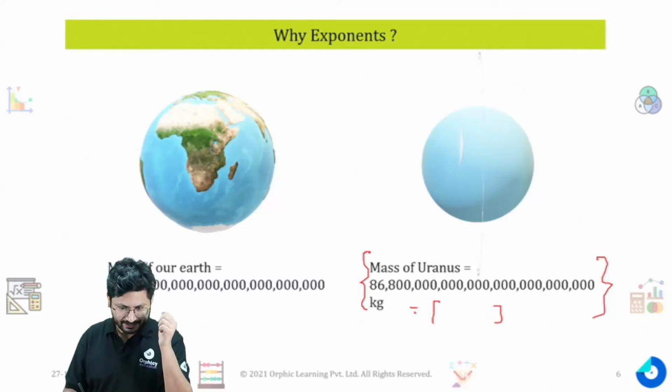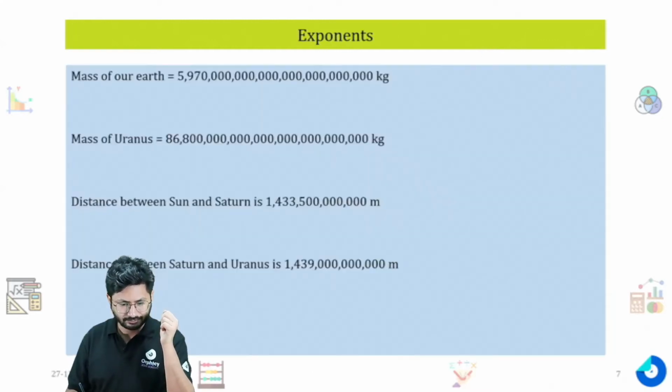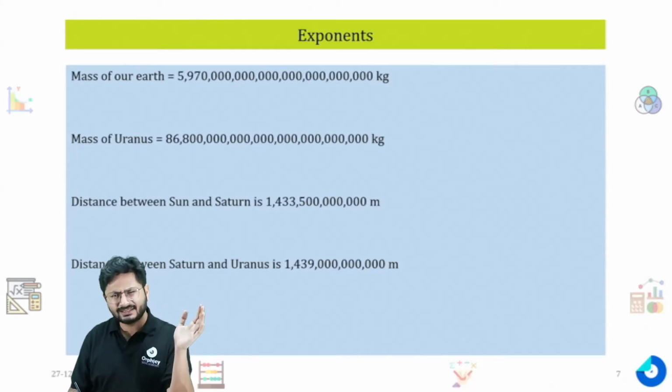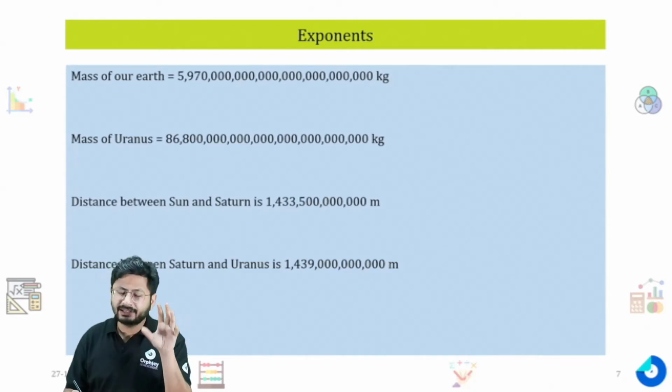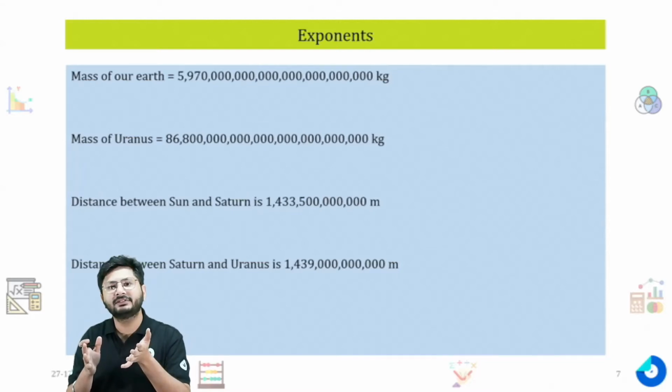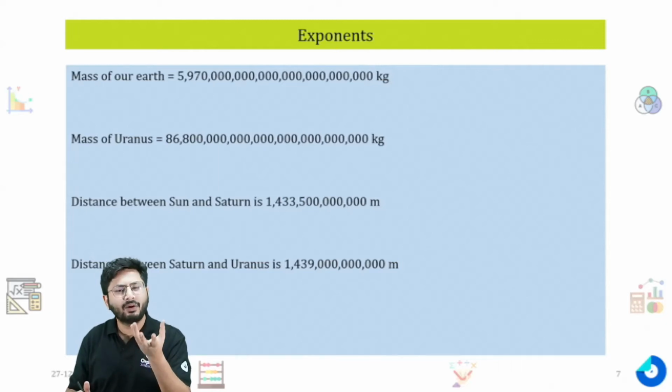Okay, so let's see. Now this mass of Earth is a quite large number, the mass of Uranus is a large number, then the distance between Sun and Saturn, the distance between Saturn and Uranus, these are quite large numbers. So exponents are used to convert very large numbers or very small numbers into a simple or short form.